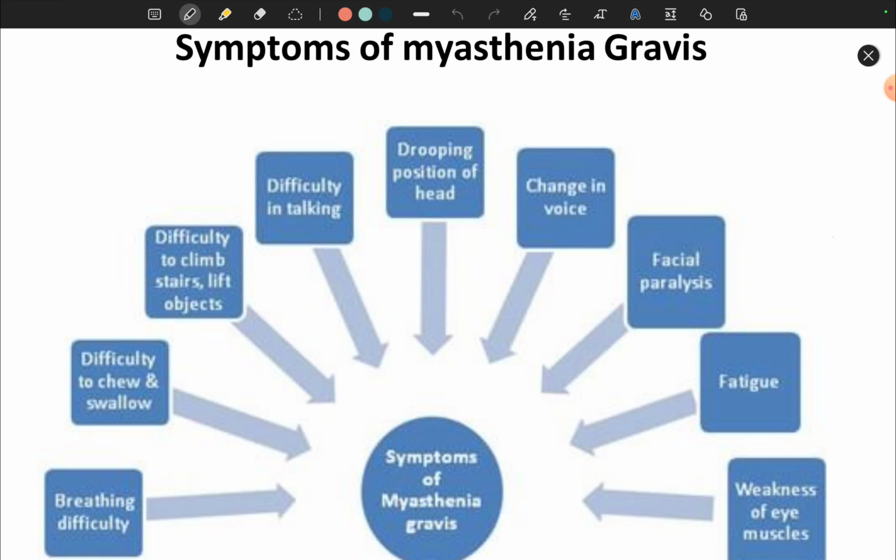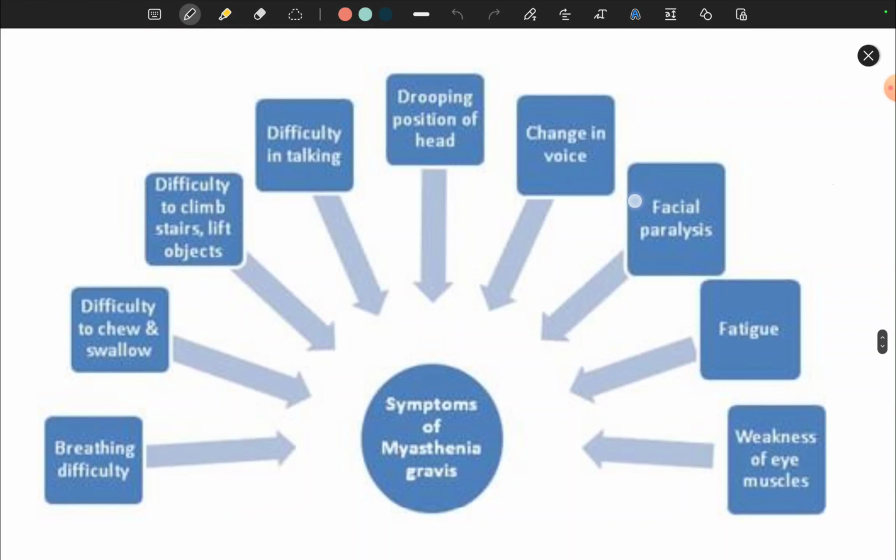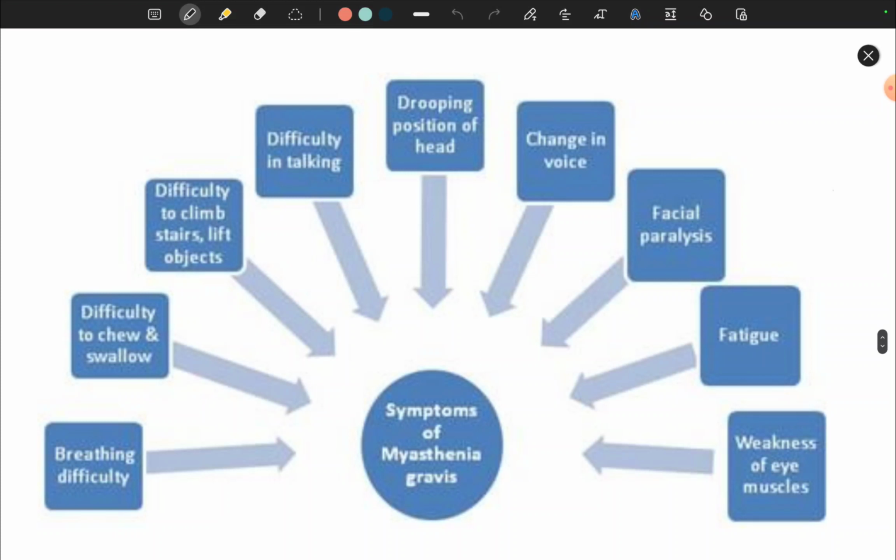There is a drooping of the angle of the mouth, and a drooping of the eyelid. The expression is passive, or sometimes when they talk, they will show their teeth because they cannot open the mouth unless with difficulty. So all of these are related to the weakness of the muscles of the face, in addition to all the muscles, which will be gradually weakened.